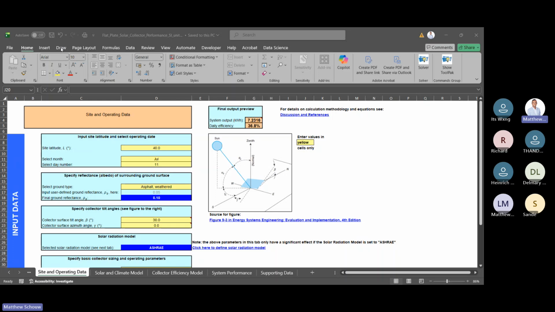What you're seeing here is a spreadsheet for a flat plate collector. It's also a solar system type of system. I just want to bring up one for you so you can see what it looks like. This one doesn't generate electricity, DC.